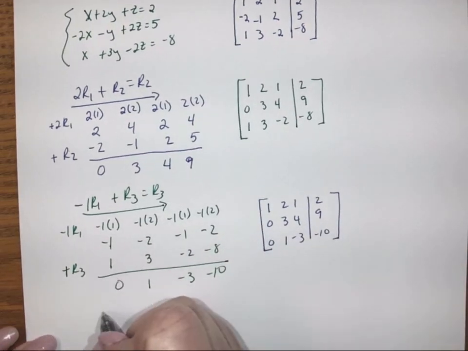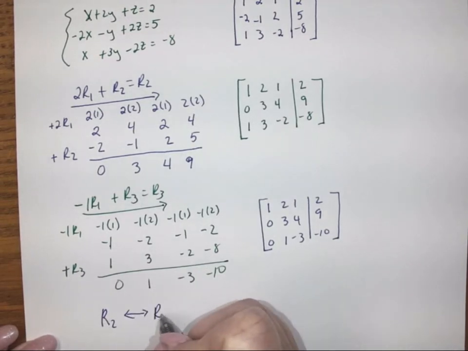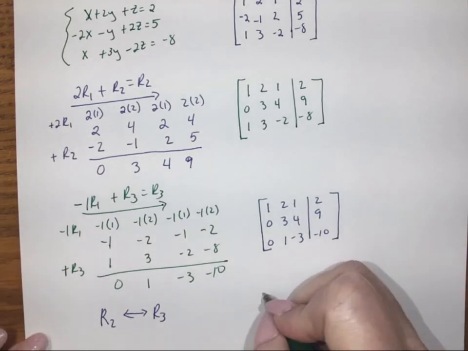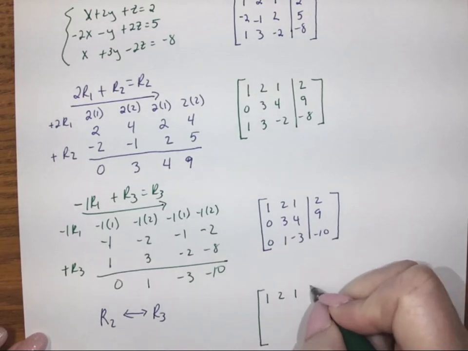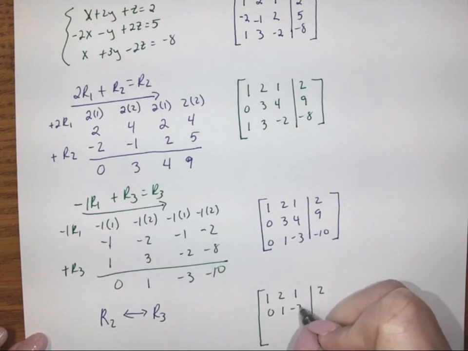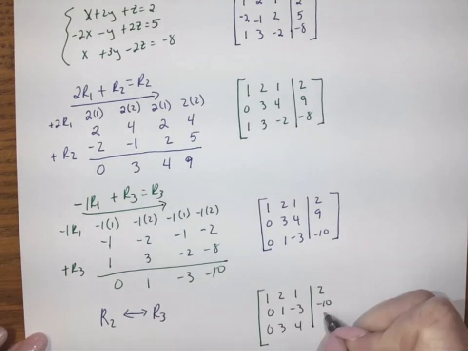So we're going to take row 2 and swap it with row 3. So we don't have to do anything but change the matrix. So we have 1, 2, 1, 2, 0, 1, negative 3, negative 10, 0, 3, 4, and 9.